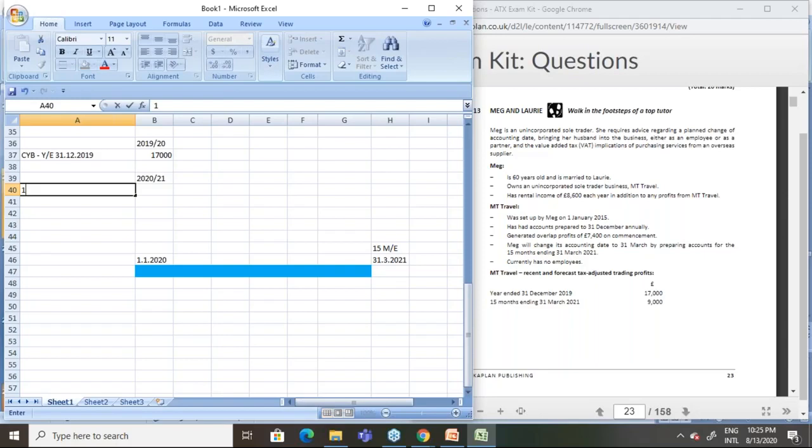Here we have 15 months ended 31st March 2021, with a profit of £9,000. However, an assessable period cannot exceed 12 months. Therefore, you should bring down this 15 months to 12 months.